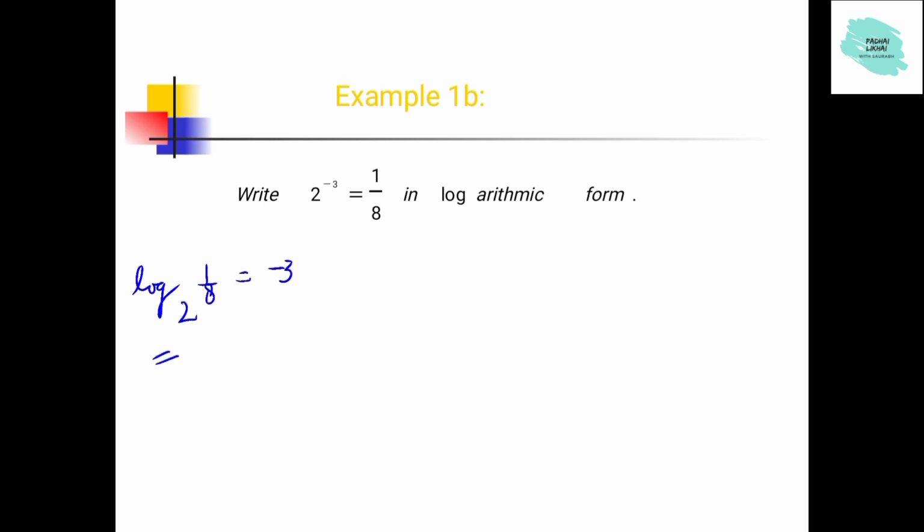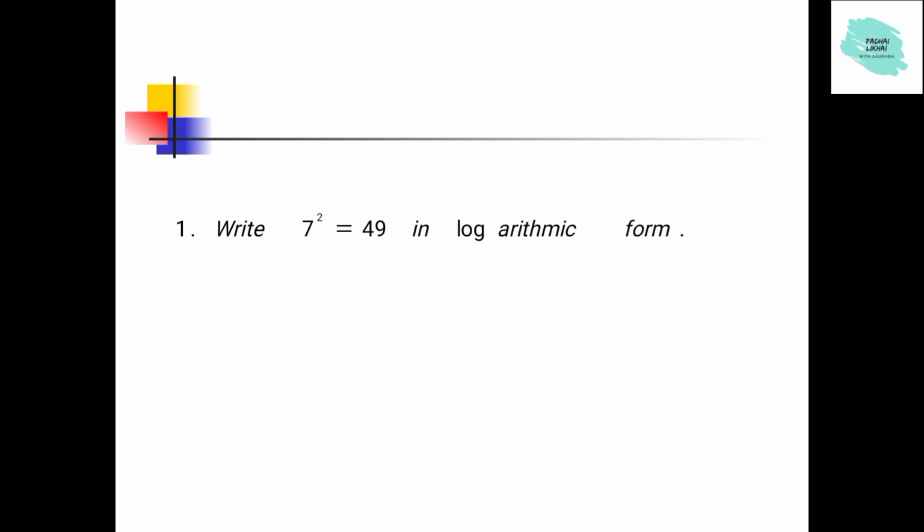Further, convert this form to log form. Base is 7, exponent is 2, value is 49. So the log form will be log base 7 of 49 equal to 2.